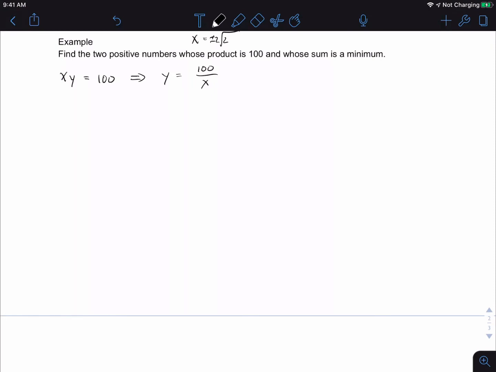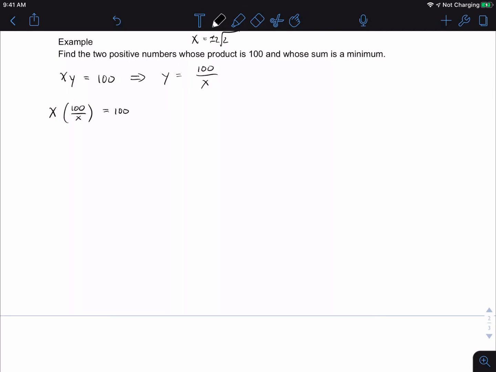So then the 100 divided by the other number will give us our other number. So from here then, I'm going to show you, I'll go x times 100 divided by x. That is in fact 100, right?